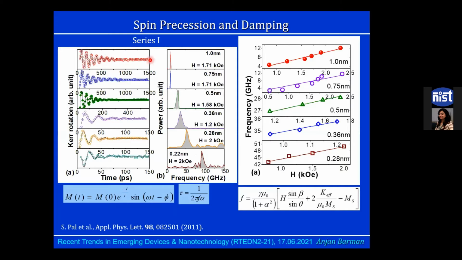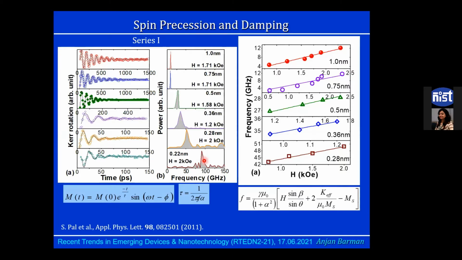And here you can see that not only the precession frequency is very fast, it actually increases, and the damping also changes. So from 1 nanometer to 0.22 nanometer, the precession frequency goes from a few gigahertz to nearly 100 gigahertz. So 100 gigahertz means 0.1 terahertz. So it's very, very high frequency.